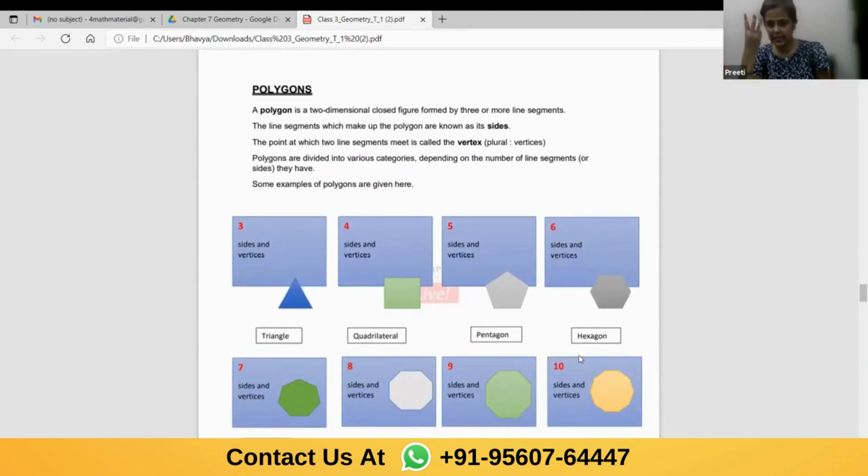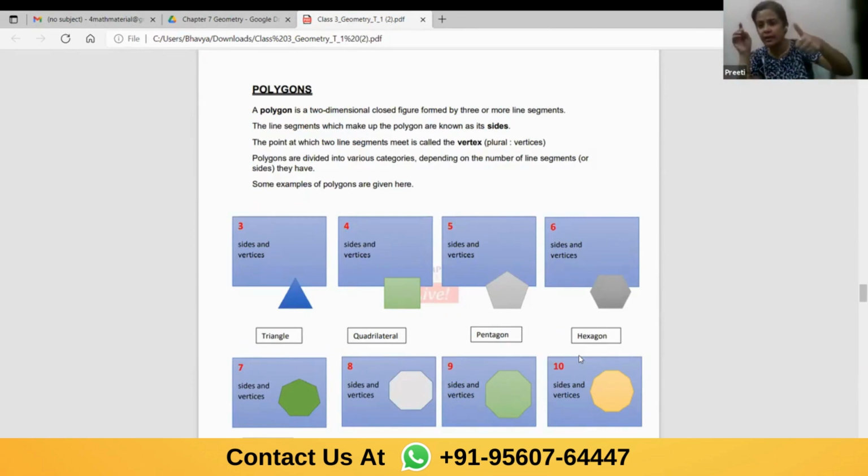Triangle is the shape which has 3 sides. Quadrilateral is the shape that has 4 sides. Ma'am, it looks like a square. Yeah, any shape that has 4 straight lines, the figure should be closed and it should be made up of 4 line segments.